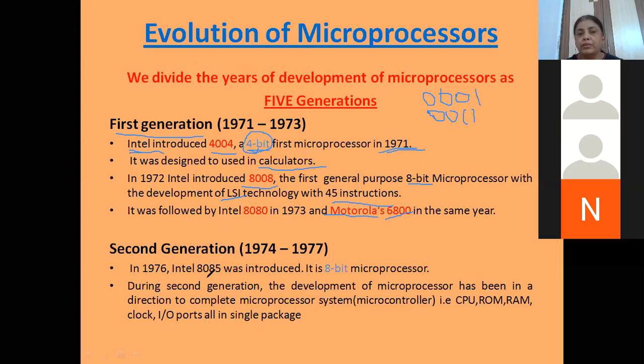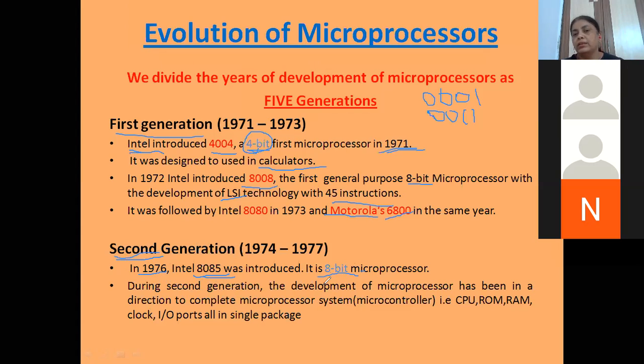Our 8085 belongs to the second generation. See, the first 2 chapters of our syllabus, or we can say 60% of the portion, is based on this 8085 microprocessor, which was from the second generation and was designed in 1976. And it is an 8-bit microprocessor.